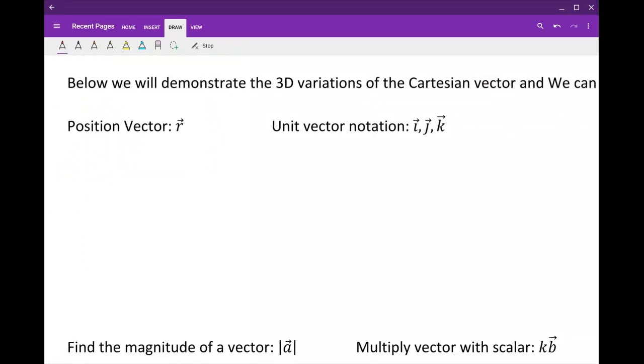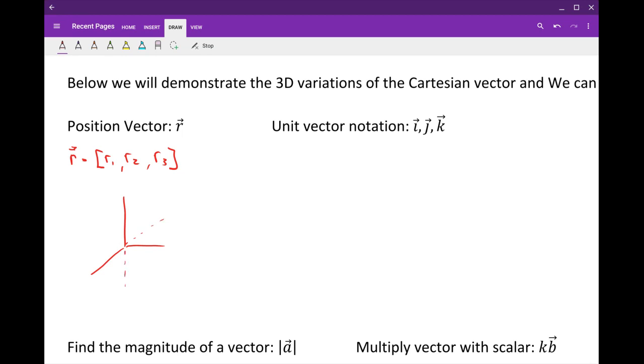So basically, a position vector is essentially what we were talking about there. R would be a vector R1, R2, and R3. The reason why they use R here is because you kind of imagine a sphere. Right?